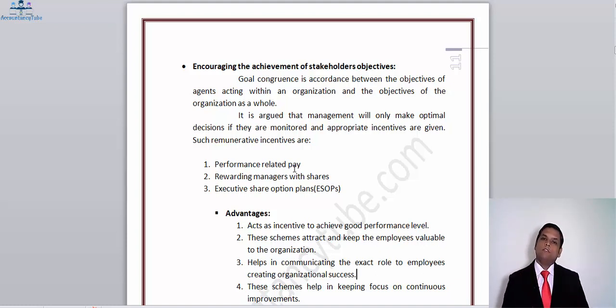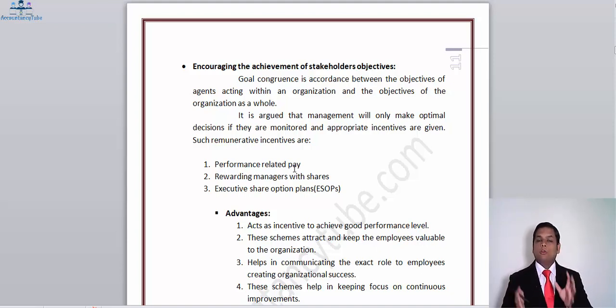Obviously, in this way they have a long-term incentive in the company, and they do not just go. Even if they come and go for a short time, they will still hold those shares, and their performance will have an impact on those shares. So it's best if we give them shares.